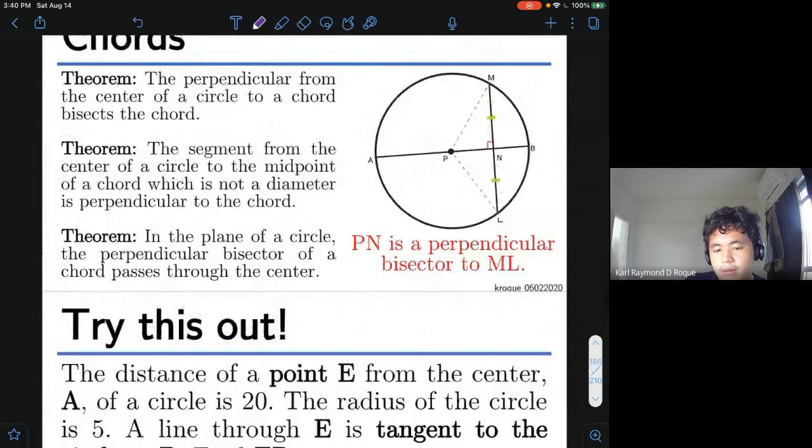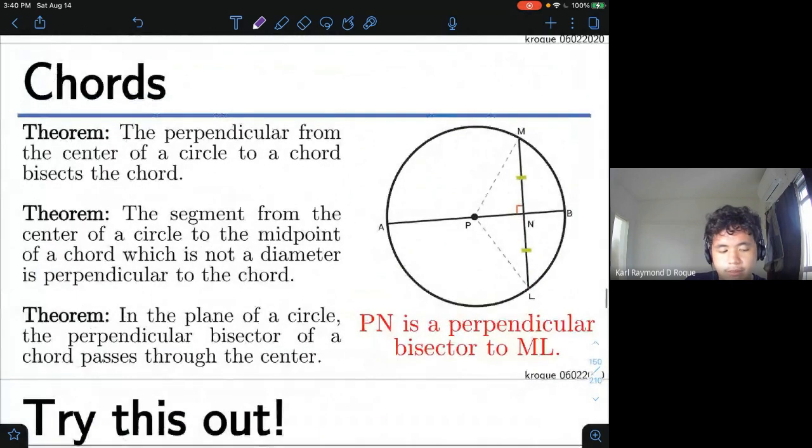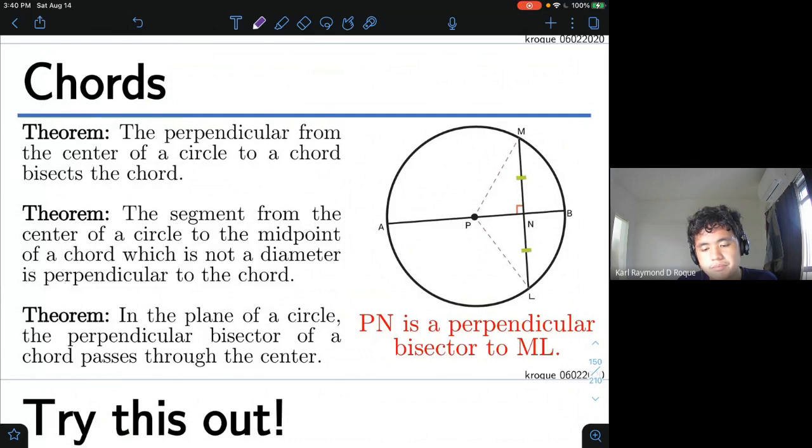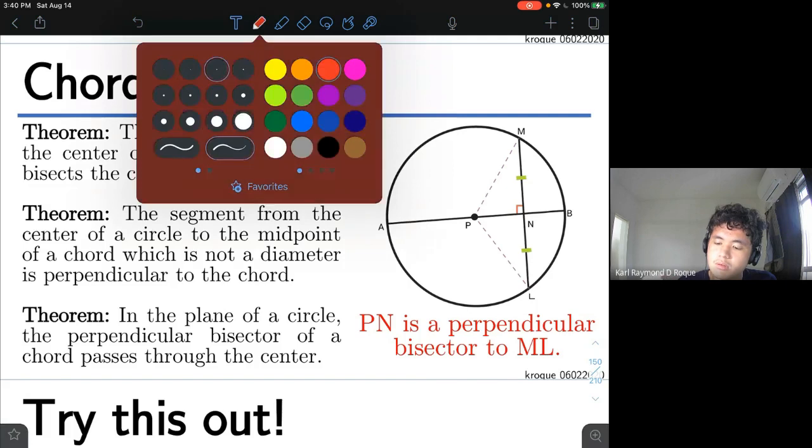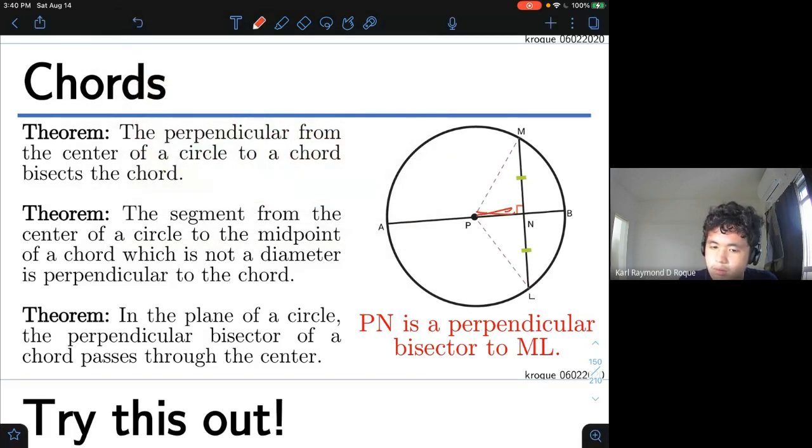So, ito, mga theorems for chords. Like, ito, a perpendicular from the center of a circle to a chord bisects the chord. Sure yan, ha? Parati yan.